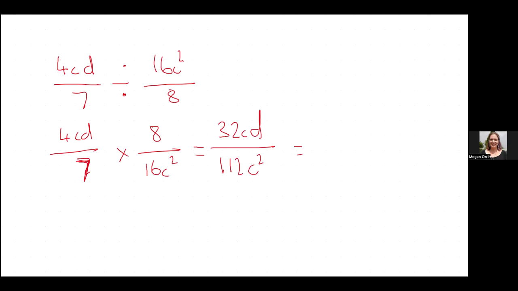Okay, I need to simplify my numbers as well. So obviously there's a d on the top, c on the bottom. What do my numbers become? What are we dividing them by? Okay, if we divide them by 2, what do we get?